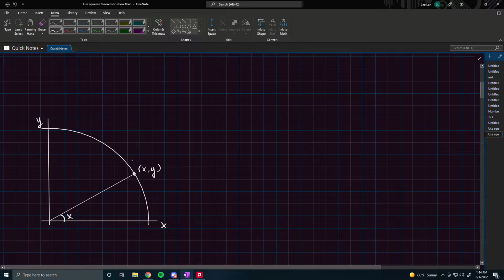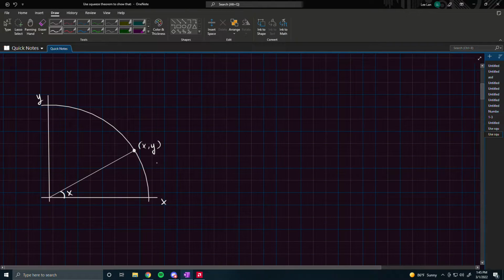As it turns out, because of trigonometry, this x coordinate is cosine x. Let me justify it. So this is a unit circle, right? That means this hypotenuse length is 1. And if I drop down a line here, this is a right triangle.